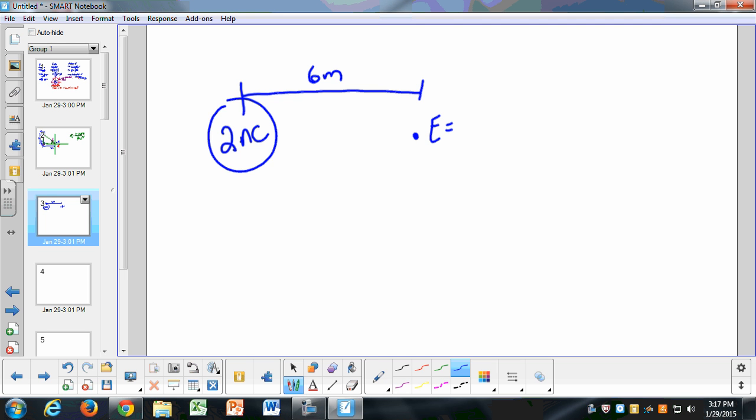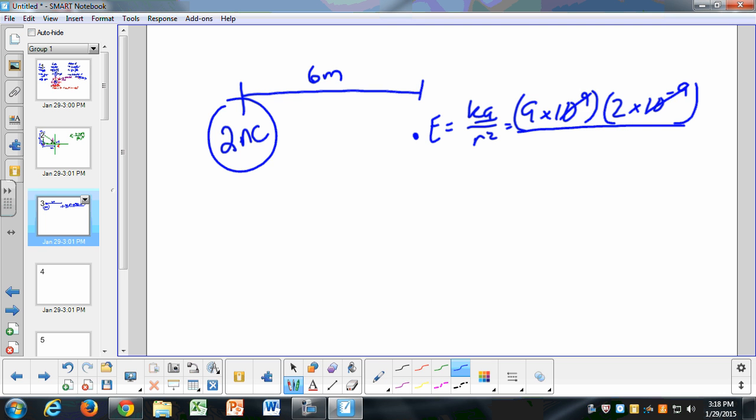All right. So my electric field then is kq over r squared. That's 9 times 10 to the 9th, Q is 2 times 10 to the minus 9, so those cancel, divided by 6 meters squared. So that's 1/2 Newton per coulomb. My electric field there has a magnitude of 1/2 a Newton per Coulomb.